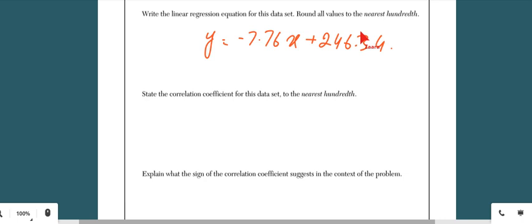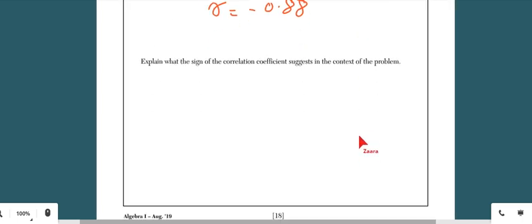In the next question, it asks what the correlation coefficient is. Again, from the calculator, you can get that the correlation coefficient is negative 0.88. The next question is very important. The correlation is negative.